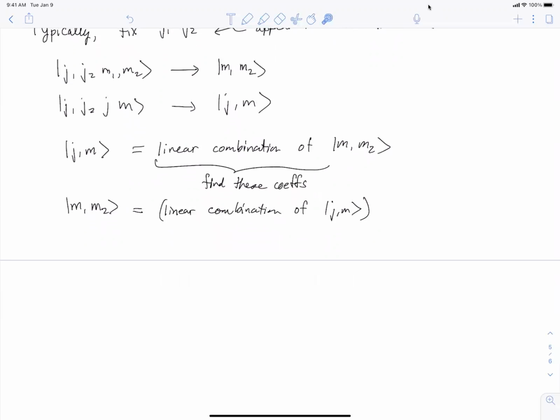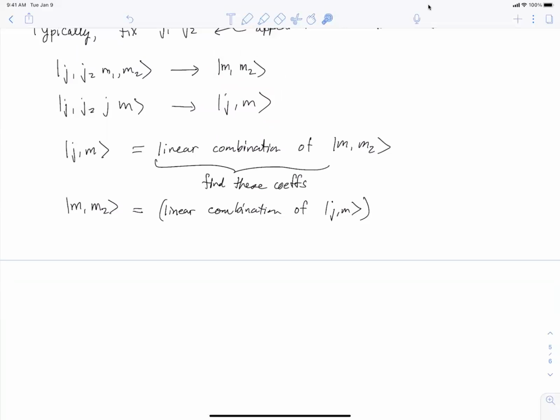Okay, one last thing about notation is it's unfortunate that whether we're writing things in terms of 4 numbers or 2 numbers, there's a possibility that we'll get confused and I'll write down an M1, M2 state and you'll think maybe I'm writing down a JM state or vice versa. So one way to get around that is if we're using symbols like M1 and M2, then it's clear that we're in the product basis.